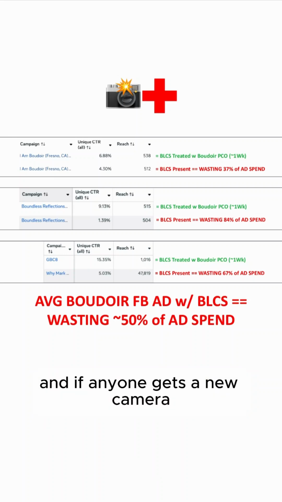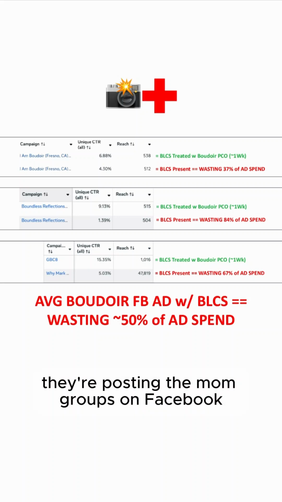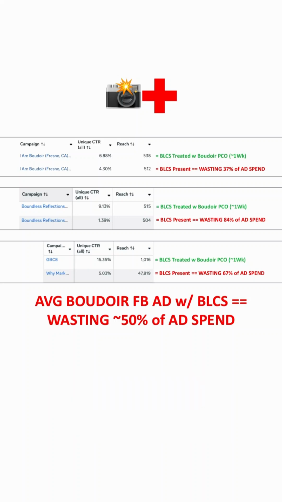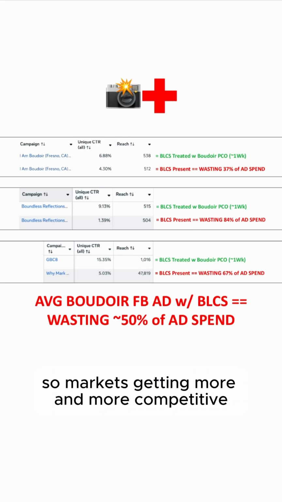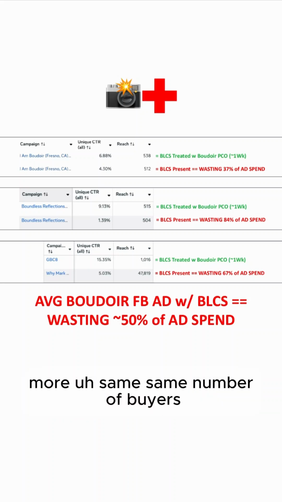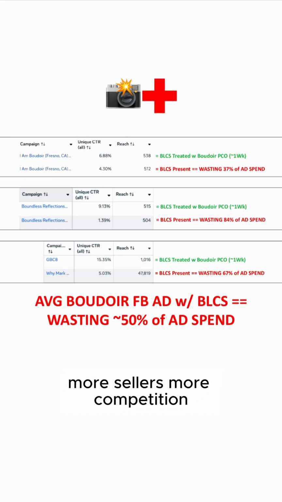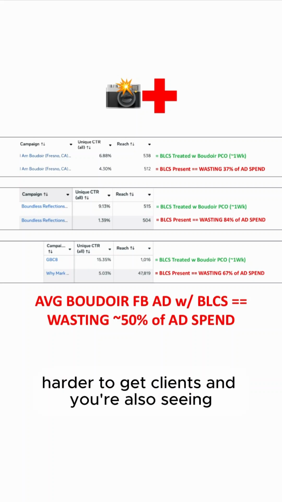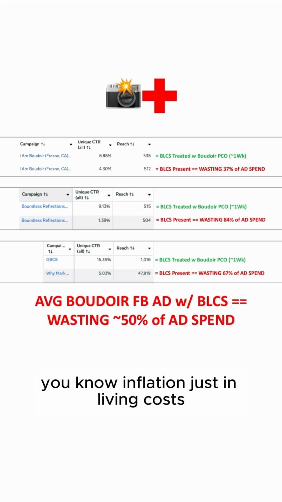And if anyone gets a new camera, they're posting in the mom groups on Facebook that they also shoot boudoir. So the market's getting more and more competitive. Same number of buyers, but more sellers, more competition. So you're seeing more saturation, harder to get clients, and you're also seeing inflation in living costs.